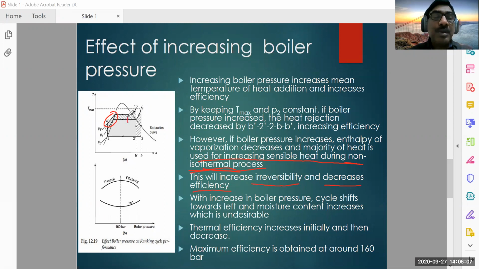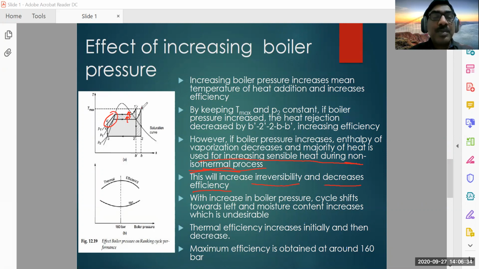So even though you are getting the advantage of an increase in efficiency by increasing the boiler pressure, because of this side effect, the efficiency is getting decreased. So again, you have to properly select the maximum boiler pressure without affecting the efficiency. And one more side effect of this is very, very important.